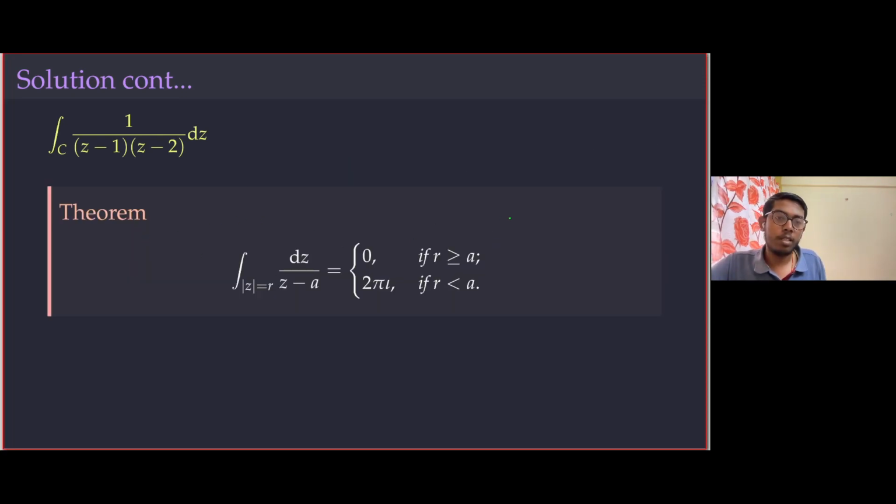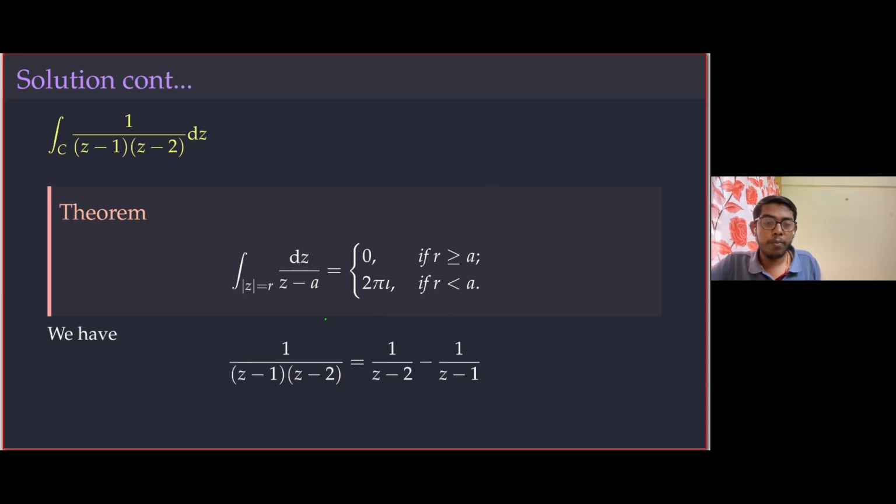Now we have this very important result, which says that if you integrate dz by (z minus a) over the circle mod z equals r, then it's 0 or 2 pi i depending on whether a is outside or inside.